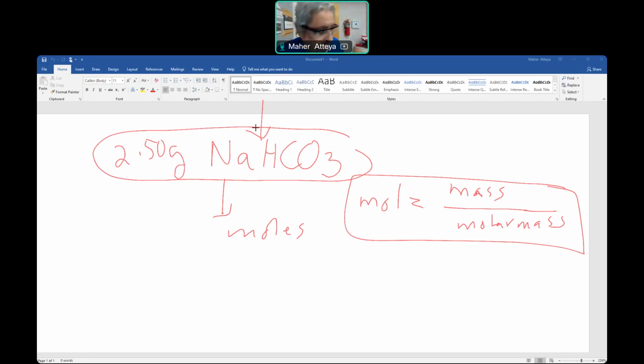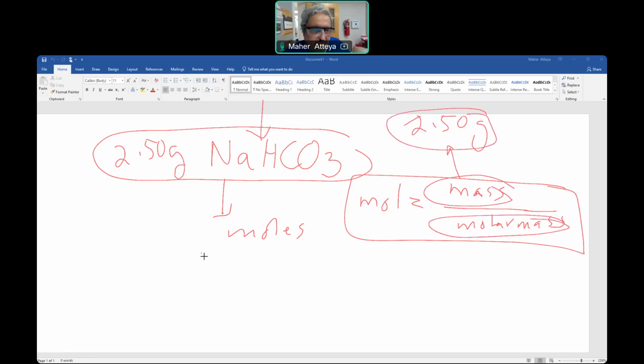So the mass is given to me, and this is 2.50 grams. Correct? The molar mass, I don't know. So the molar mass is defined as what?